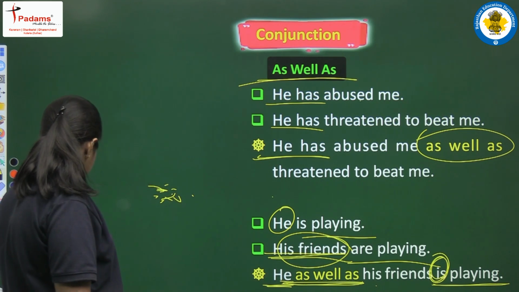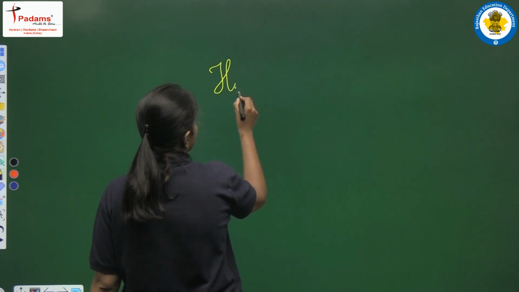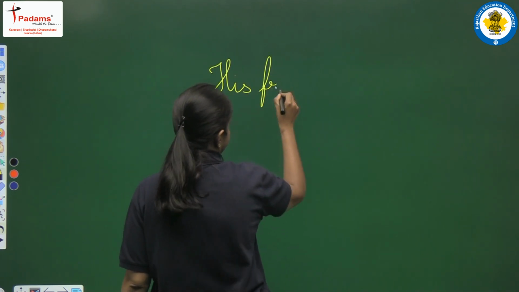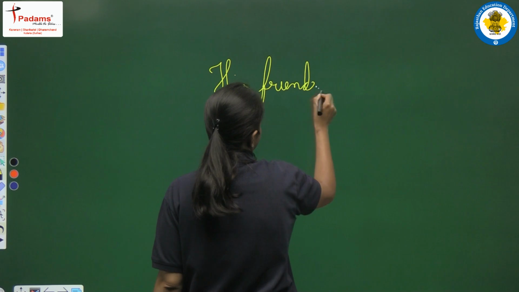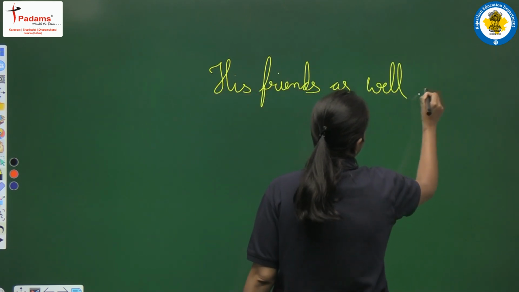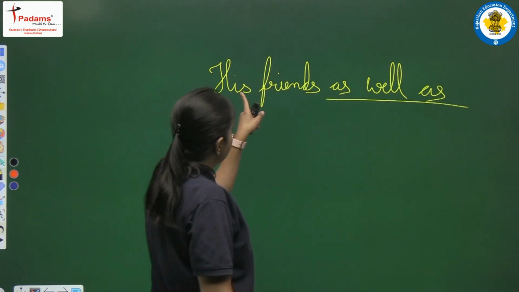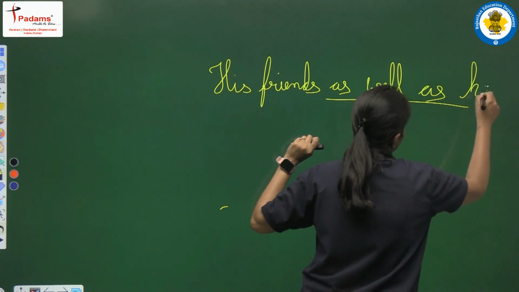Let's clear this thing one more time. Just suppose we have his friends as well as he. So what is the change? The change is that now we have his friends first and he after.